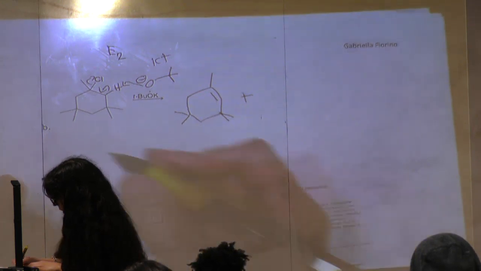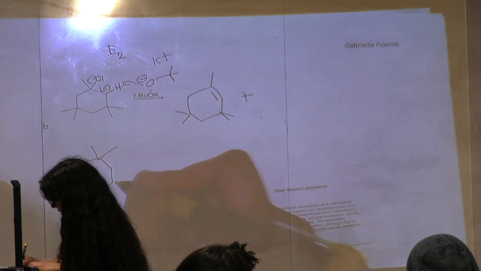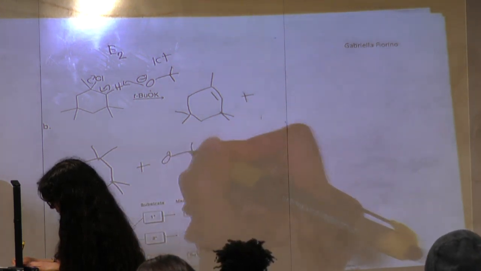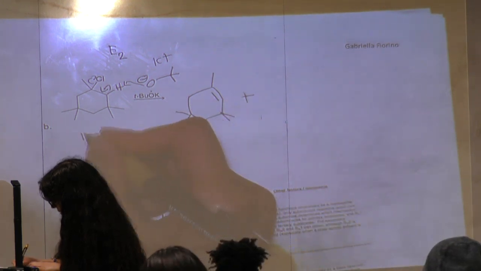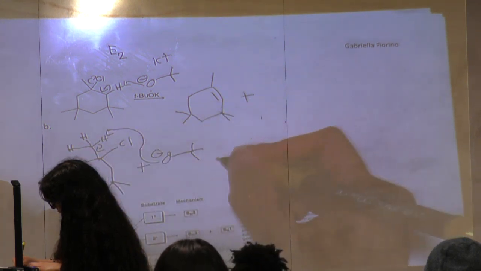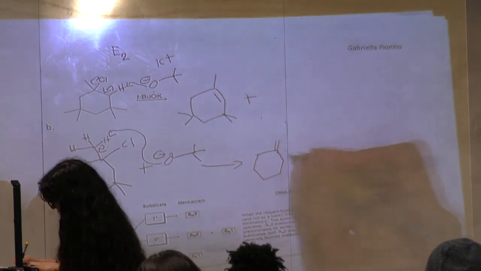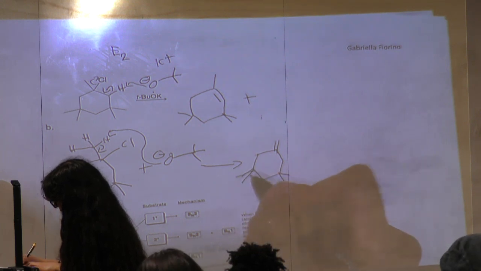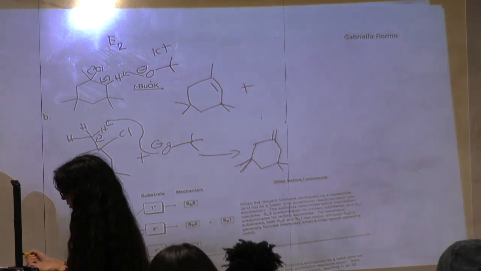Or we could have gotten, with hydrogen here, hydrogen here, hydrogen here, this picking off a hydrogen and forming a double bond right there. These are methyls, not a double bond. So what is your Hoffman and what is your Zaitsev product?